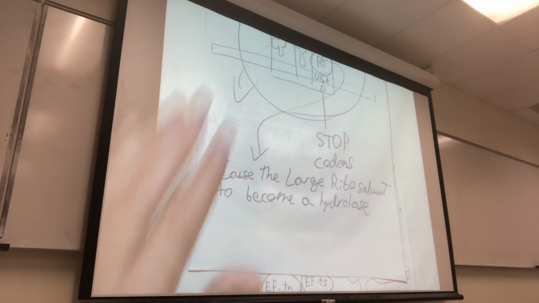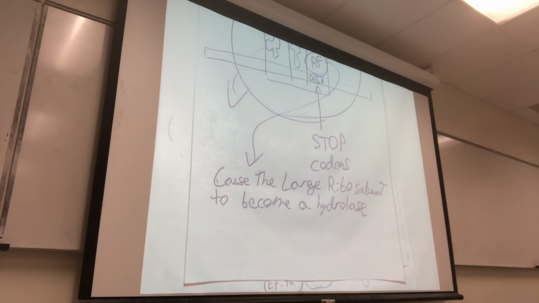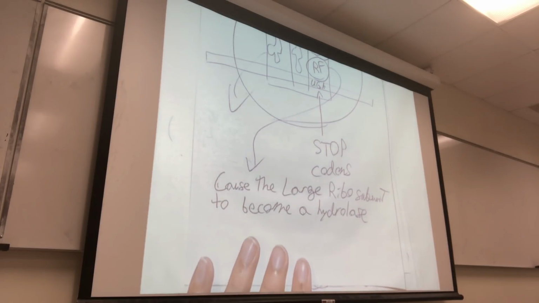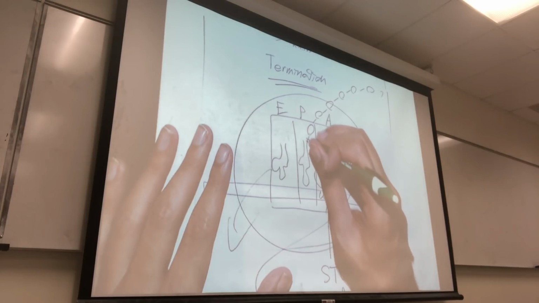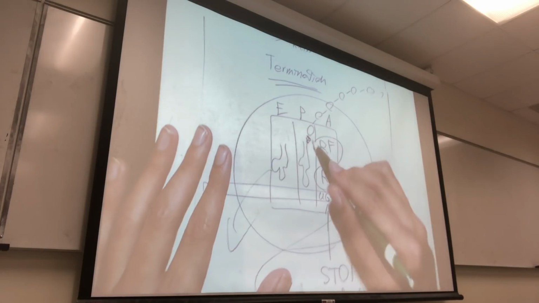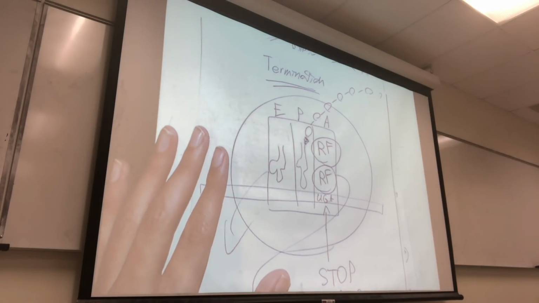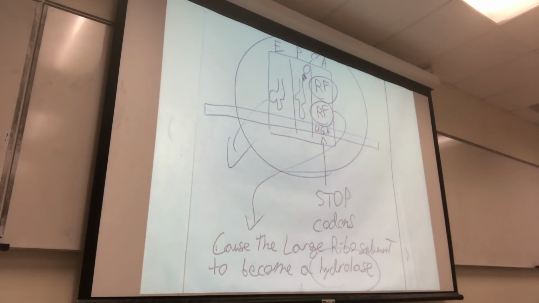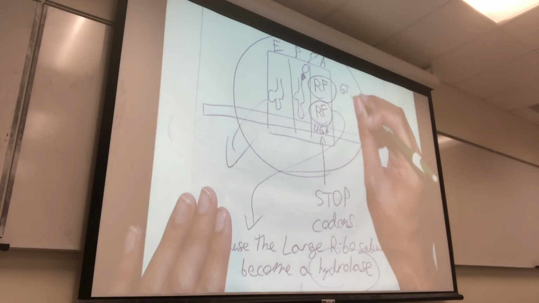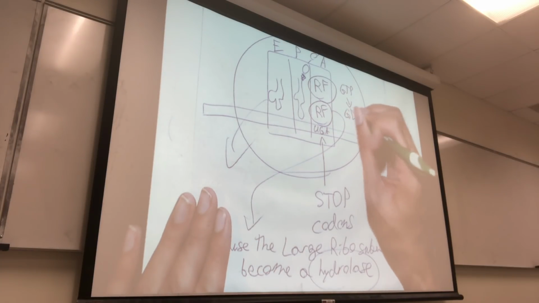Remember, the large ribosomal subunit's job initially was to form those peptide bonds between your amino acids. The release factors transform the large ribosomal subunit into a hydrolase. So what the large ribosomal subunit ends up doing, it cuts off this thing, and your finished amino acid sequence, however many amino acids it is, just floats away. These release factors then cause everything to fall apart by hydrolyzing GTP into GDP, because everything needs energy.